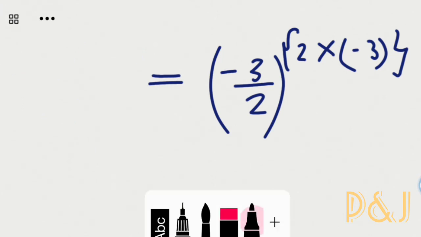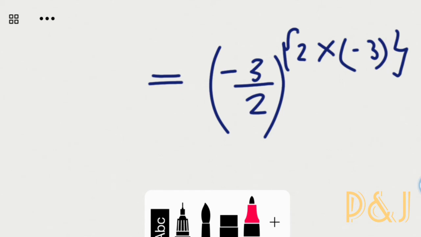So we can simply split it: 2 into minus 3 is minus 6, because the bigger number's sign will be there. The bigger number is 3 and it has minus.